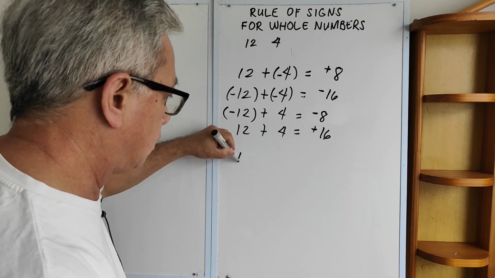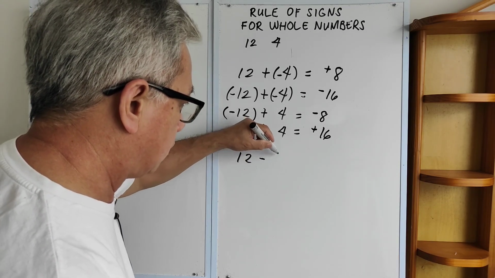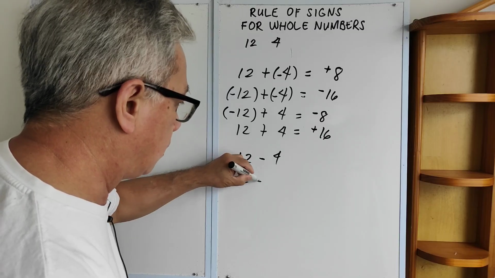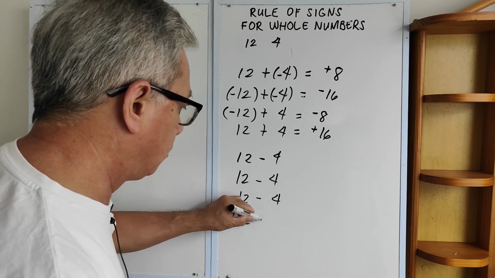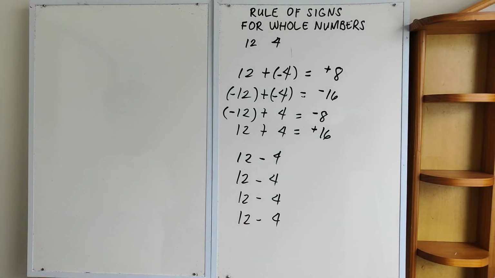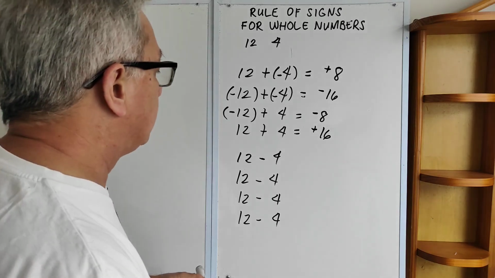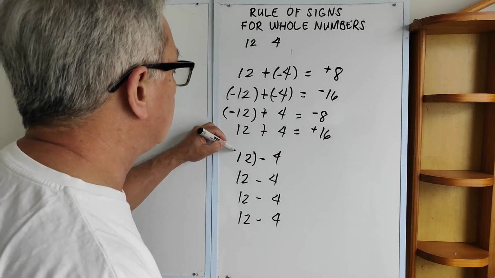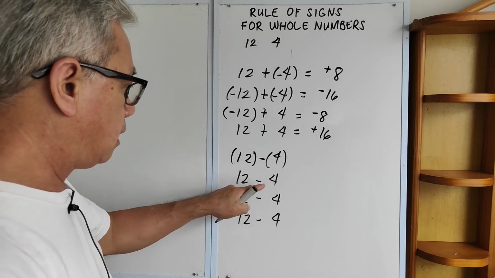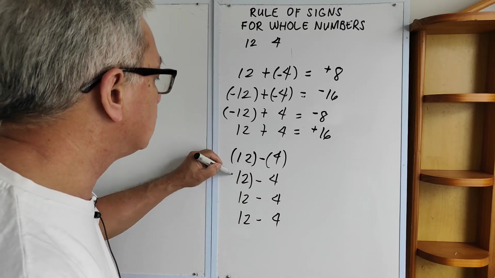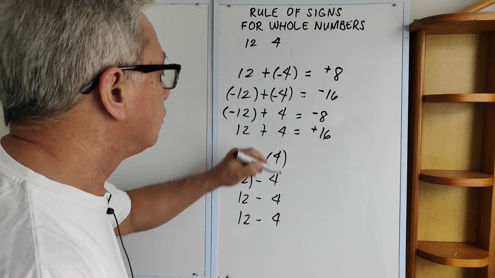So we put 12 minus 4, 12 minus 4, 12 minus 4, and then 12 minus 4. And then we randomly, again, put the negative signs. Let's leave this one positive. In the next, let's say the first term is negative.